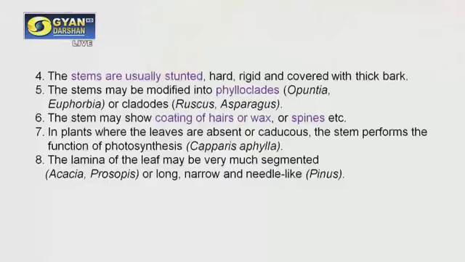The stem should modify itself into a green leaf-like structure which can take up the function of the leaf, because it also has to minimize transpiration. And you know that the stomata are mainly responsible for transpiration. So there should be stomatal closure. During the daytime, when there is a huge amount of sunlight coming, the stomata need to be closed. And then again at night, the stomata can open. So these are modifications which the plant needs to perform.